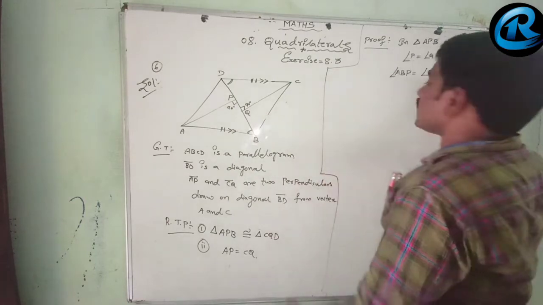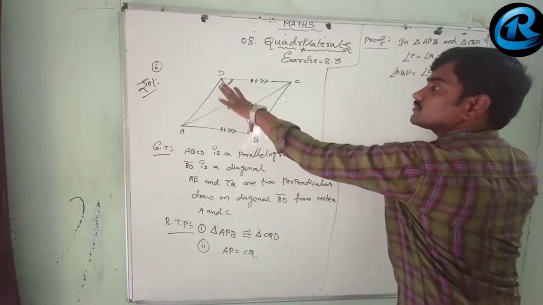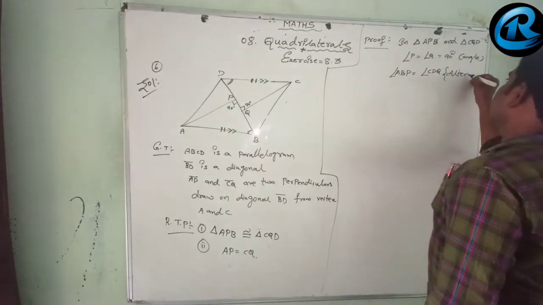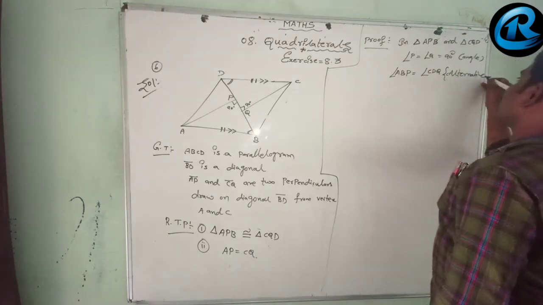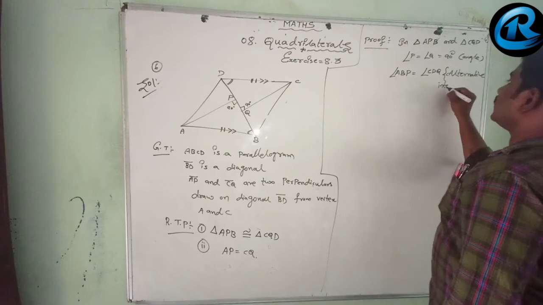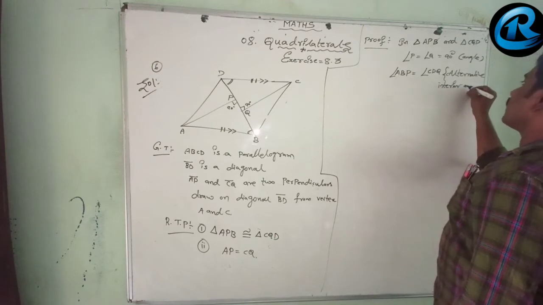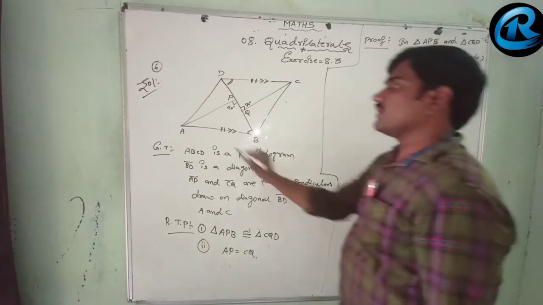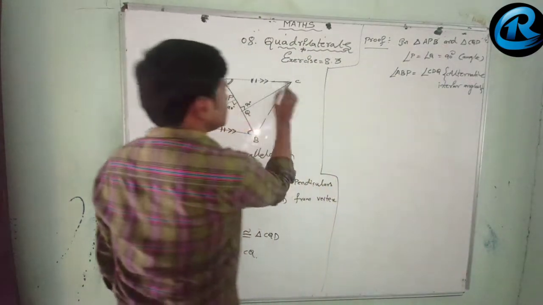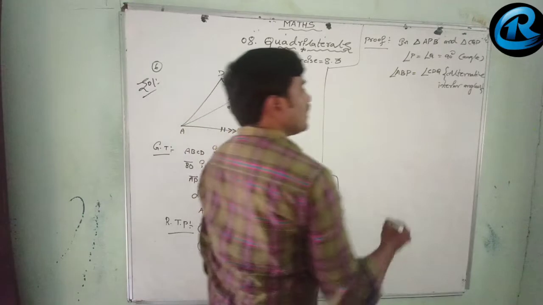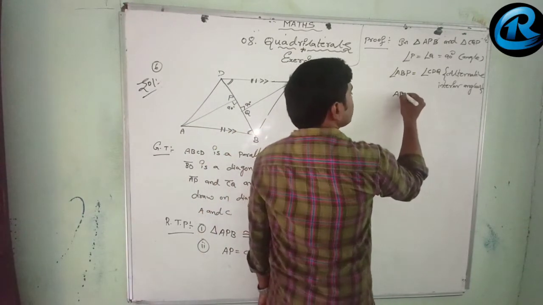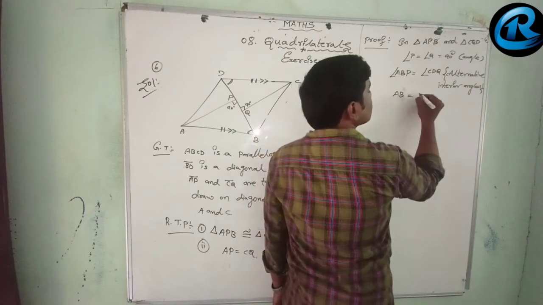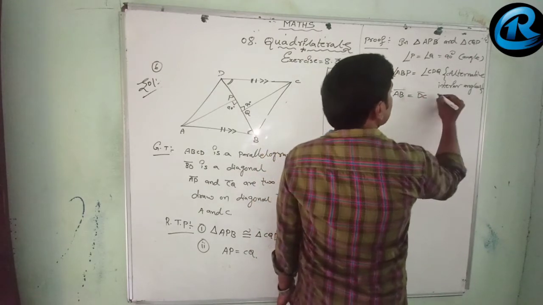Because they are alternate interior angles. Then again, AB is equal to DC. How? Because they are opposite sides of a parallelogram. They are always equal.